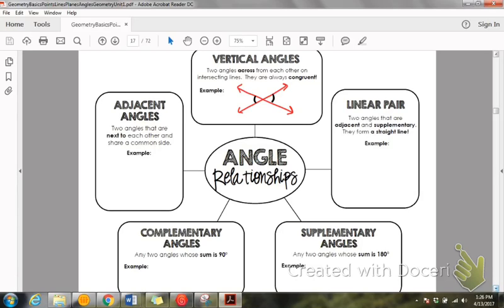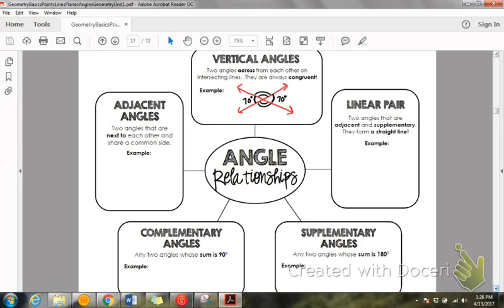So we're going to put 2 arcs here and 2 arcs here. The 2 arcs mean that those 2 angles go together, and we know that these angles are congruent. So if I told you that this one over here was 70, what else is 70? The other side, right? This side over here is 70. Those are vertical angles.